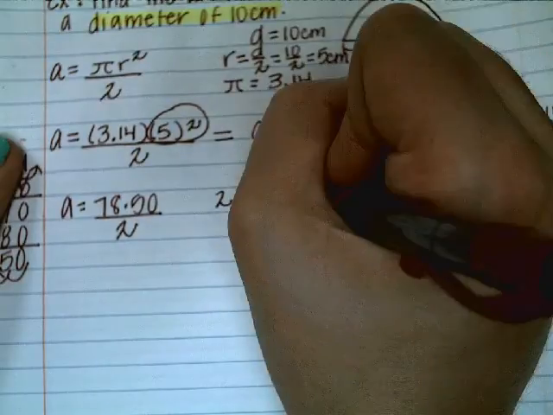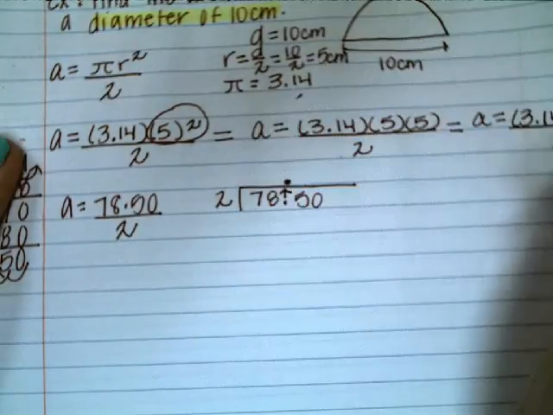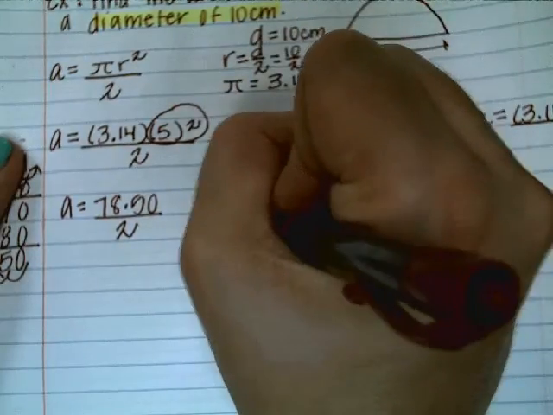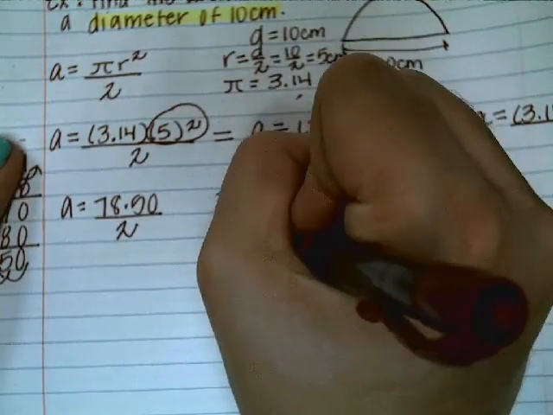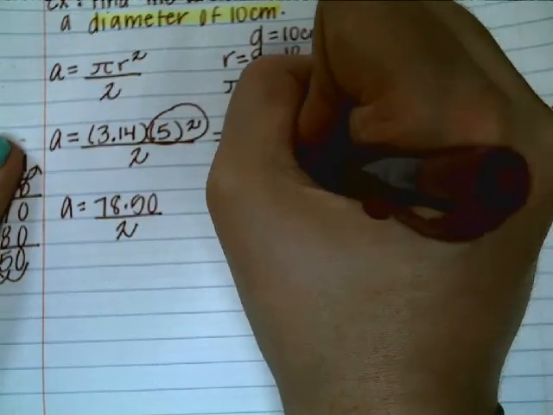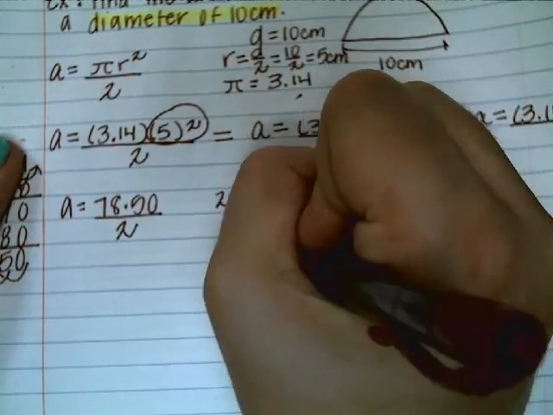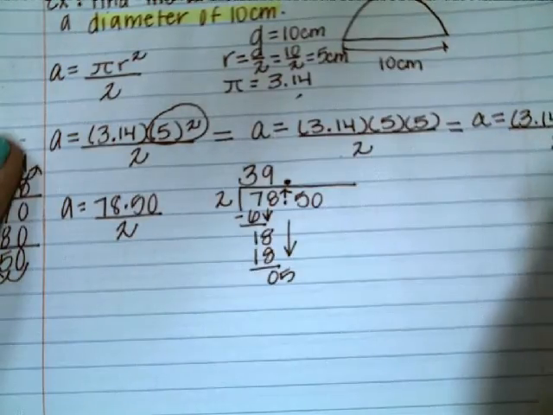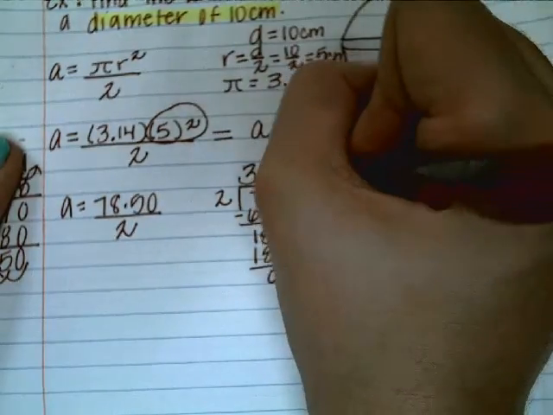Divide as normal. Make sure you carry up your decimal. 2 can go into 7 3 times. 2 can go into 18 9 times. 2 can go into 5 2 times.